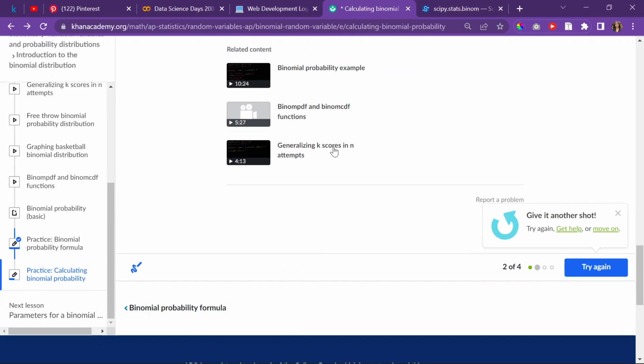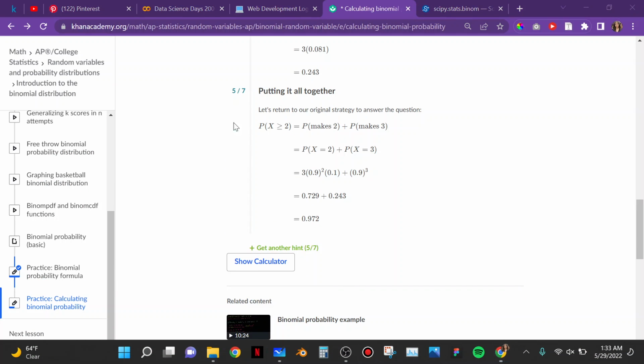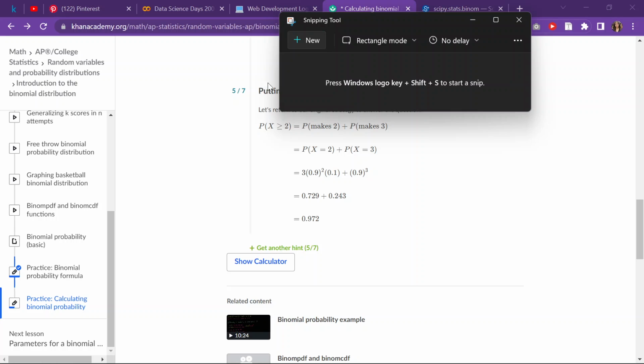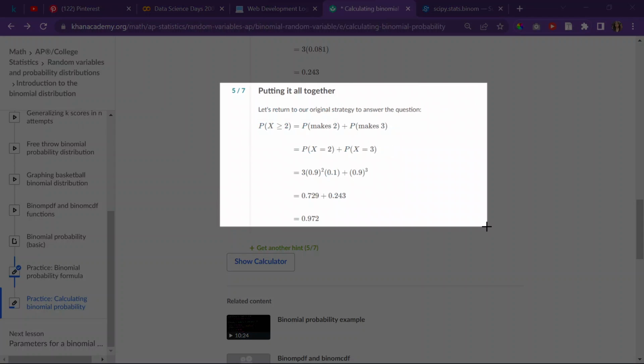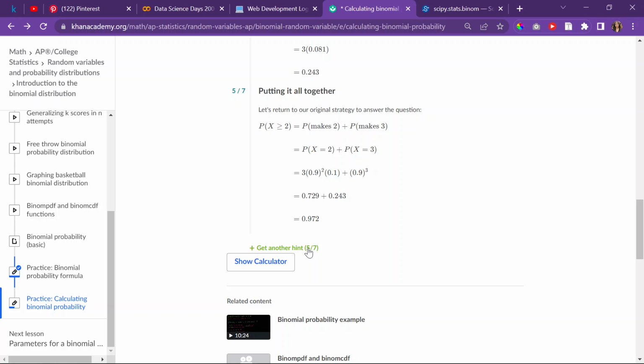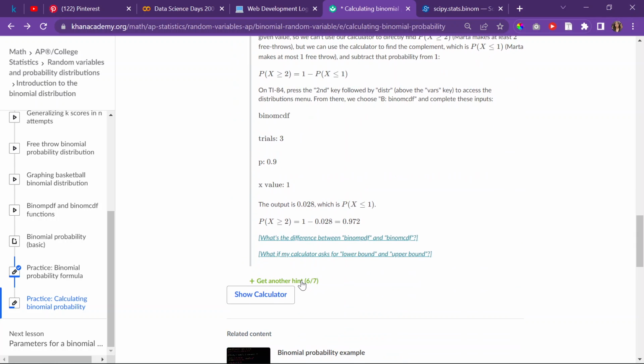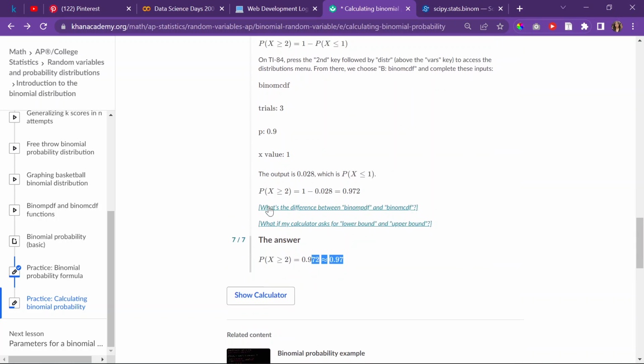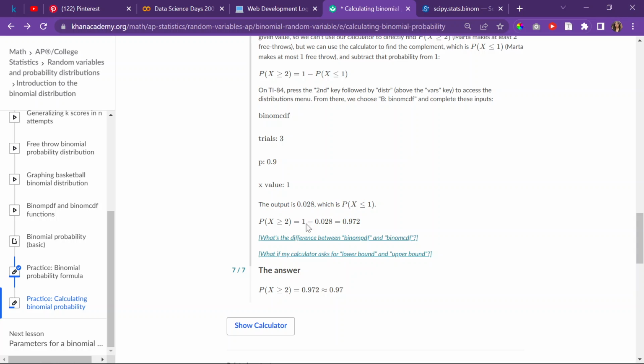Alright, so this is the right answer. Wait, is it the right answer? Yeah, I did 1 minus... Okay, trials 3.9, x value 1.